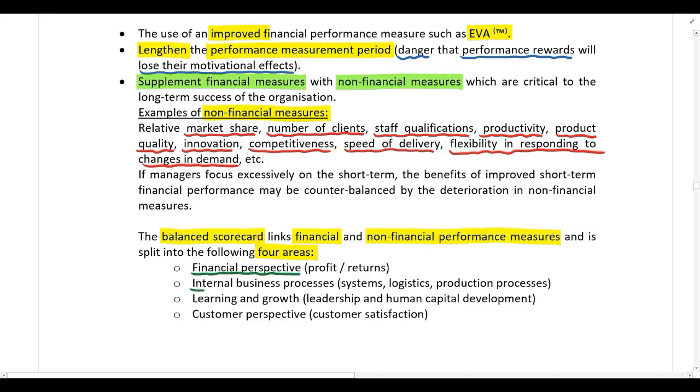We then look at internal business processes. We look at learning and growth. And then we look at things from a customer perspective. So in other words, what is your customer satisfaction like? So the balanced scorecard is a tool that companies can use to make sure that they aren't only focusing on financial performance, but also non-financial performance.